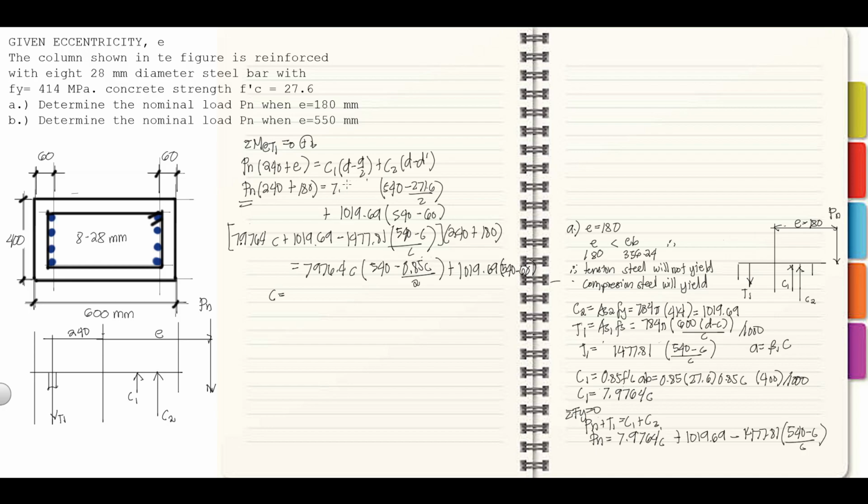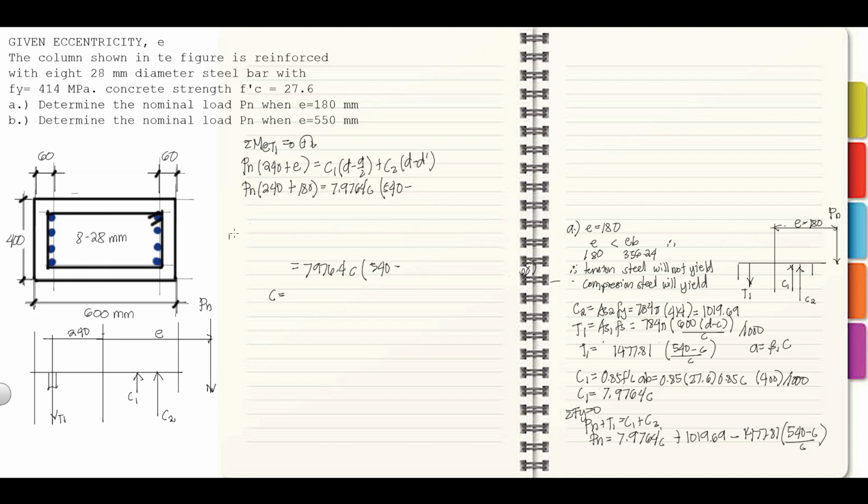It's 7.9764 C. And then for here, sa ating PN, ganun siya. Okay, palitan natin.